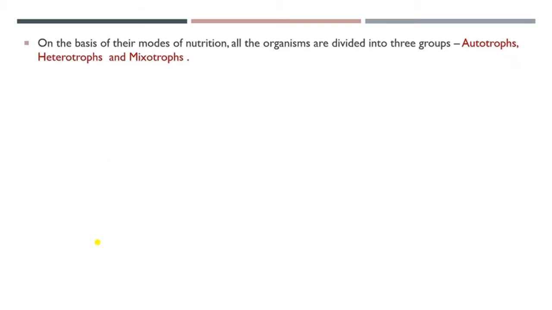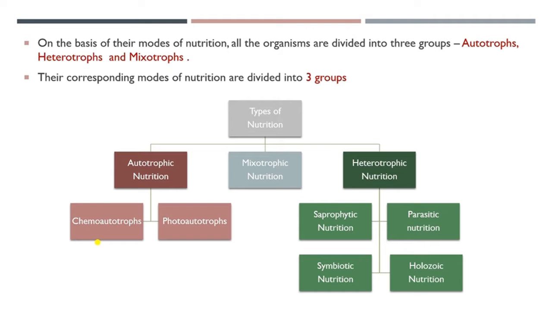They are autotrophs, heterotrophs, mixotrophs. Their corresponding modes of nutrition are also three: autotrophic nutrition, heterotrophic nutrition, and mixotrophic nutrition. Autotrophic nutrition is further classified into chemoautotrophs and photoautotrophs. Heterotrophic nutrition is again classified into saprophytic nutrition, parasitic nutrition, symbiotic nutrition, and holozoic nutrition.